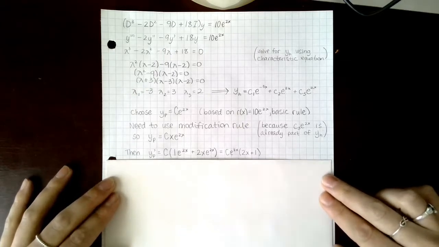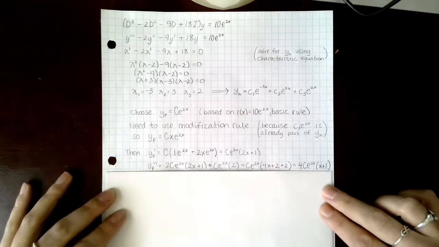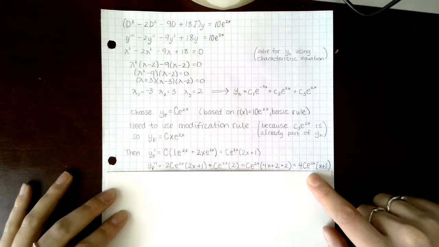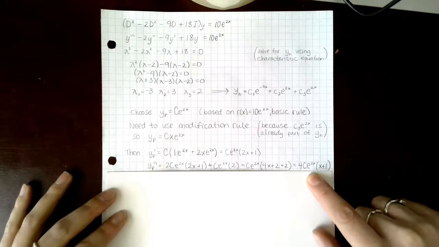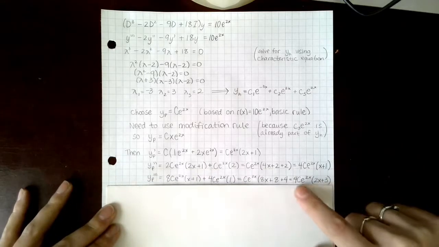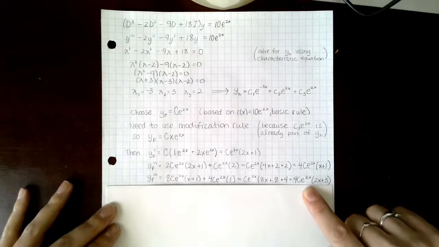You might have it in a different form. I just factored it out so it was easier to find the second and third derivatives. As you can see the work here, I finally did simplify that to be 4c e to the 2x times x plus 1. And then in a similar fashion, the third derivative, I ended up getting 4c e to the 2x times 2x plus 3.